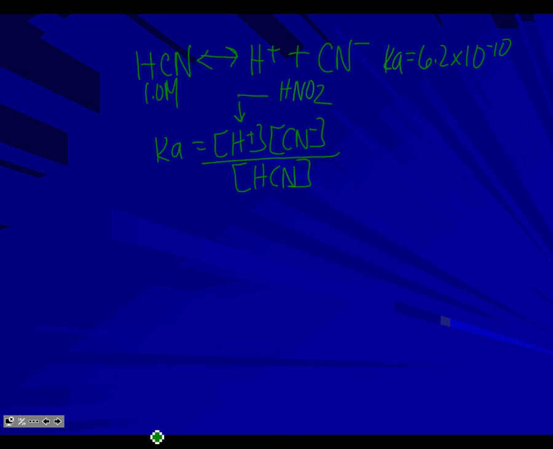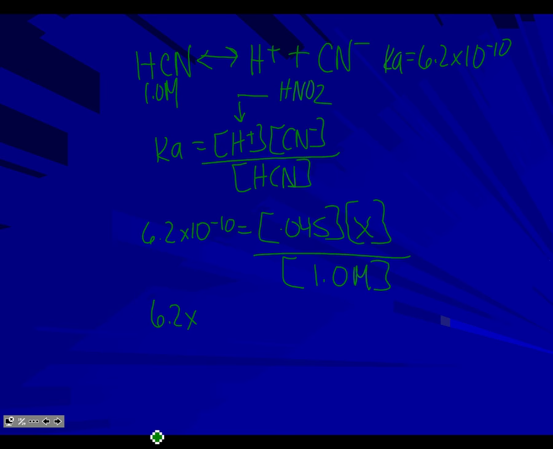So we have our Ka. We know the concentration of our hydrocyanic acid. We know the concentration of our hydrogen from our previous problem that we worked out. So we can solve for our cyanide. We have 6.2 times 10 to the negative 10th. From our previous problem, we know that this is 0.045. We are looking for our cyanide, and we know that our hydrocyanic acid was 1 molar.